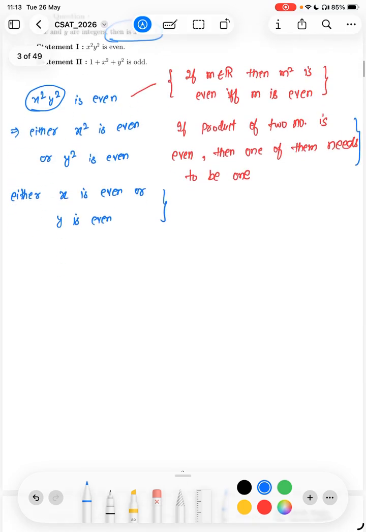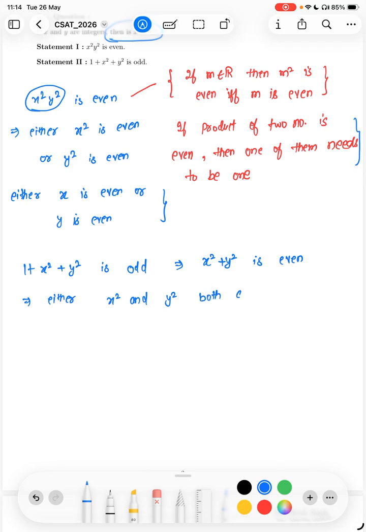Now coming to statement 2. 1 plus x square plus y square is odd. This implies x square plus y square is even. Now again, the sum of two even numbers or the sum of two odd numbers is even only. So this implies either x square and y square both are even or both are odd.